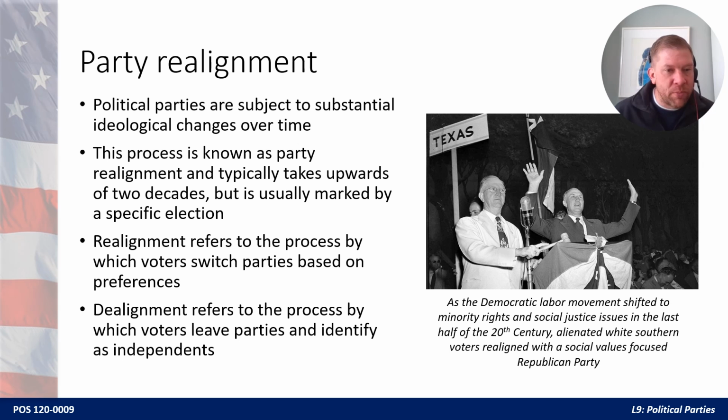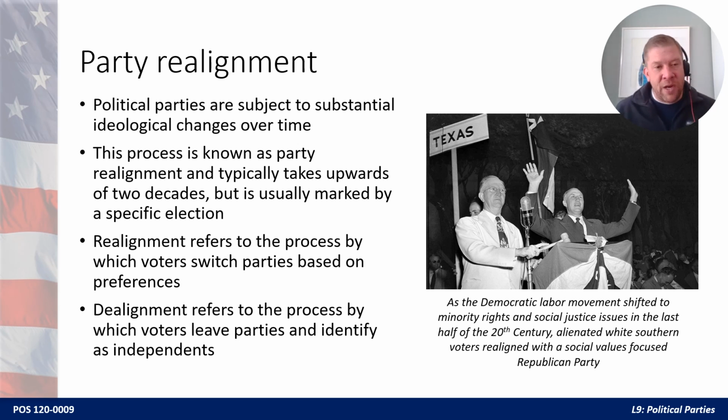Realignment refers to the process by which voters switch parties based on preferences. Again, the most notable one in relatively recent history, as I mentioned, was Democrats in the South leaving the Democratic Party over civil rights issues in the 1960s and 1970s.